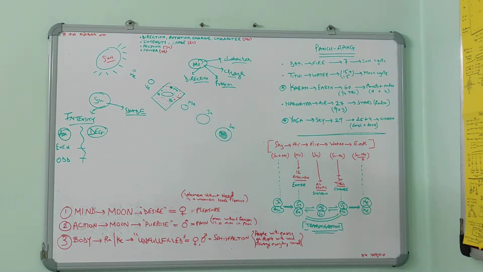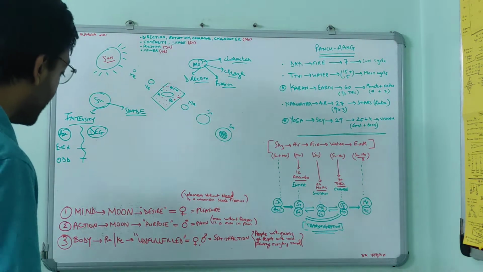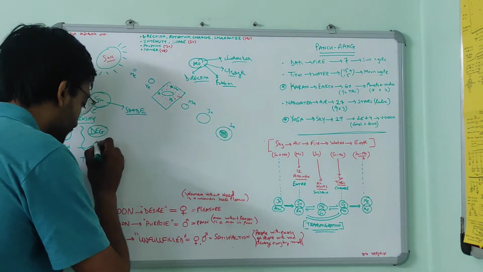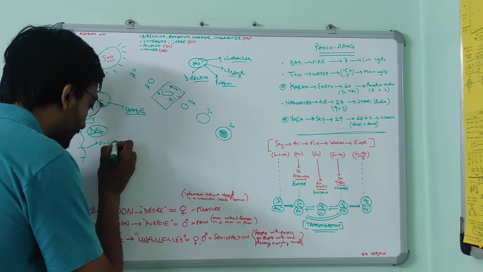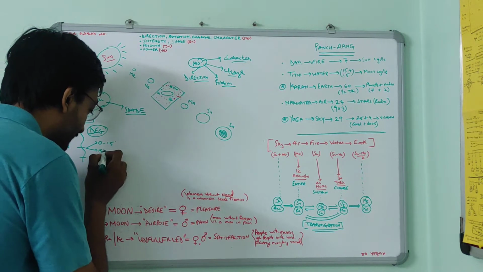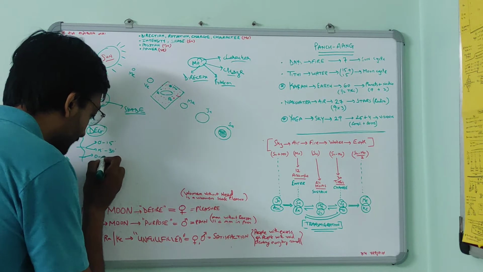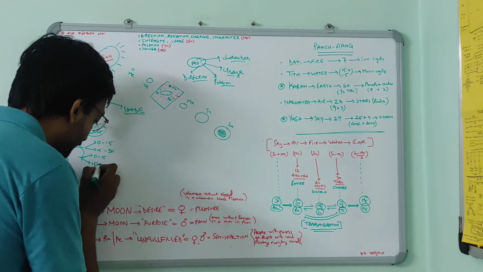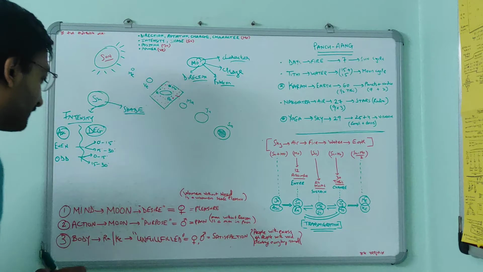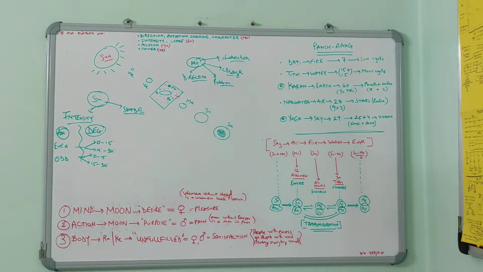In the even ascendant, the degrees are between 0 degree to 15 degree or between 15 degree to 30 degree. In the odd, similarly 0 degree to 15 degree and 15 degree to 30 degree. So now you are going to have four kinds of output of intensity. Getting my point?